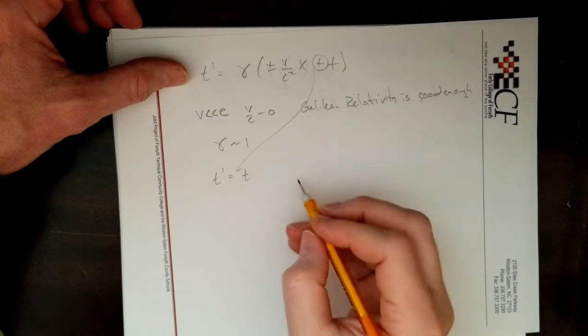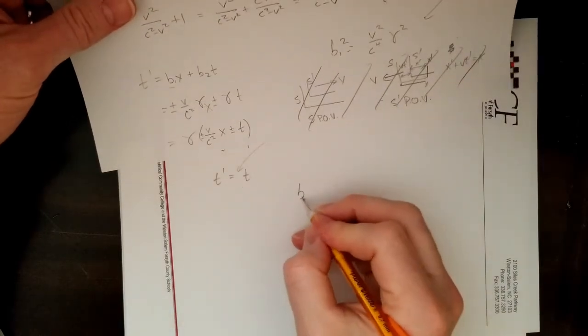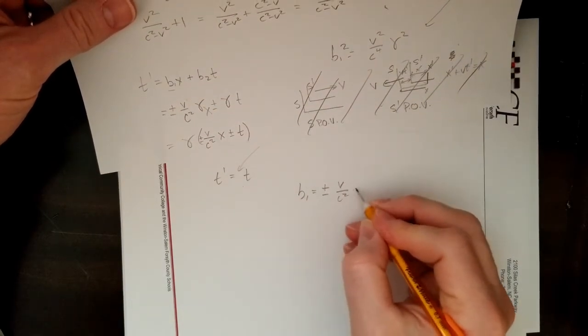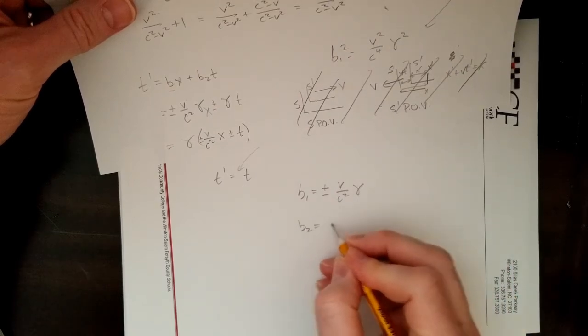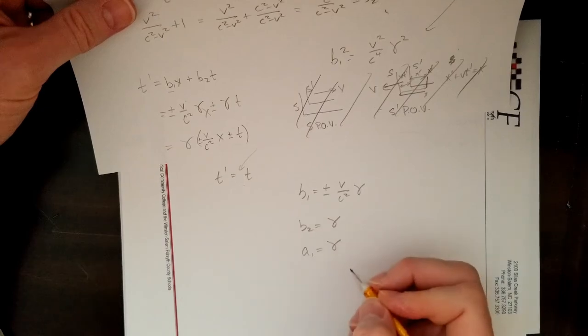But what about this one right here? Remember where this comes from. We have b1 equal to plus or minus v over c squared gamma. We've established now b2 is equal to gamma. We know that a1 equals gamma.